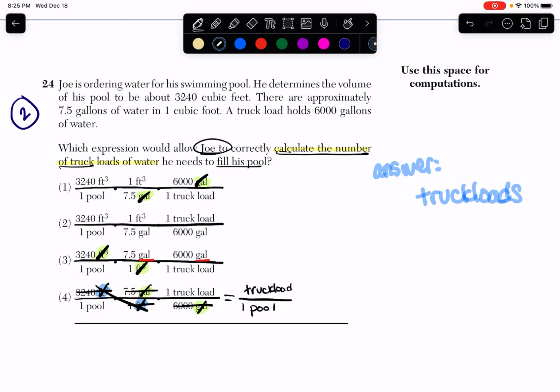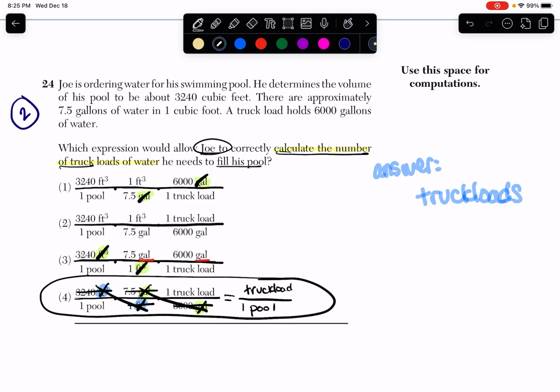So if everything else cancels, number 4 tells Joe how many trucks per pool. Nothing else cancels out to trucks per pool, just number 4. So if you get a unit problem, if they show up, they only show up once, but you can do these by just canceling out what's on the top and the bottom in terms of units and seeing which thing gives you what you want.